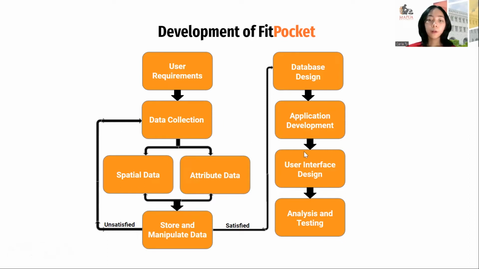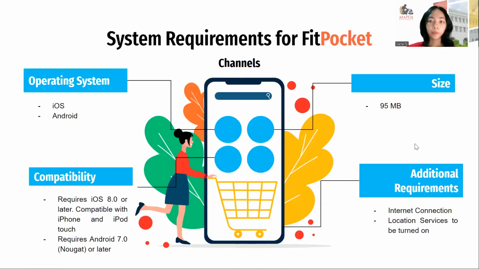Before I discuss the team involved in software development, with a detailed explanation of the rest of the components here, I will now discuss the system requirements for Bitbucket. We have four system requirements, which are the operating system, size, compatibility, and additional requirements. For the operating system, we have iOS for Apple users and Android for Android device users.